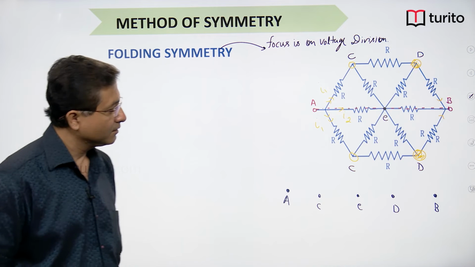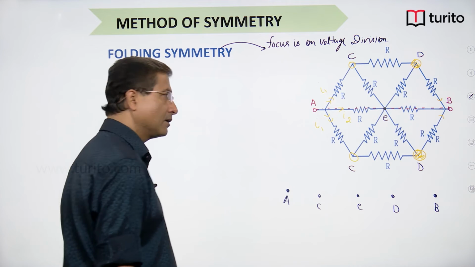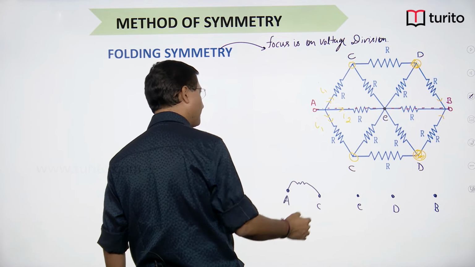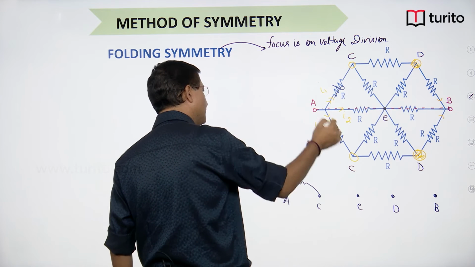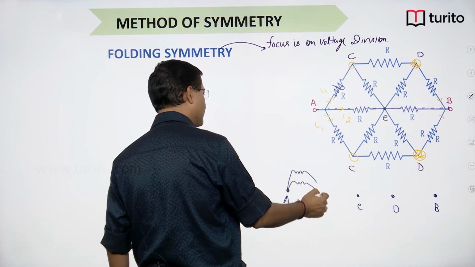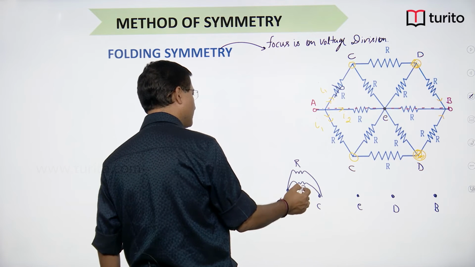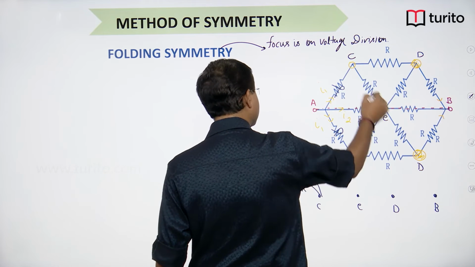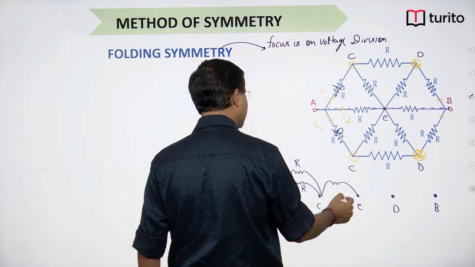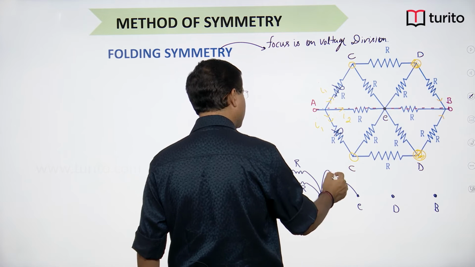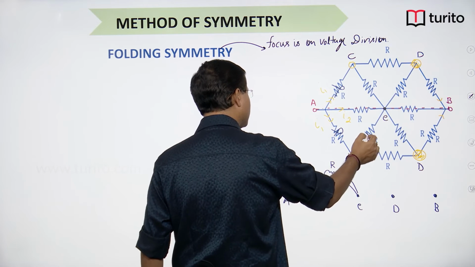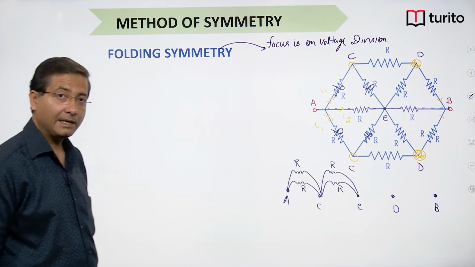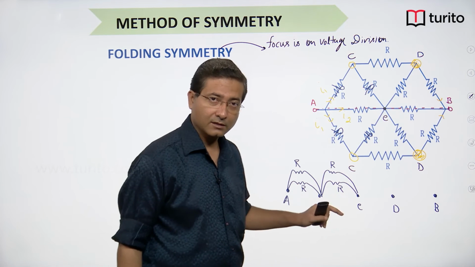Let us connect all the resistors between two junctions. Between A and C, this R, and between A and C one more R. Between C and E, R, and then one more R, these two over. Then A to E directly we have one resistor, okay.